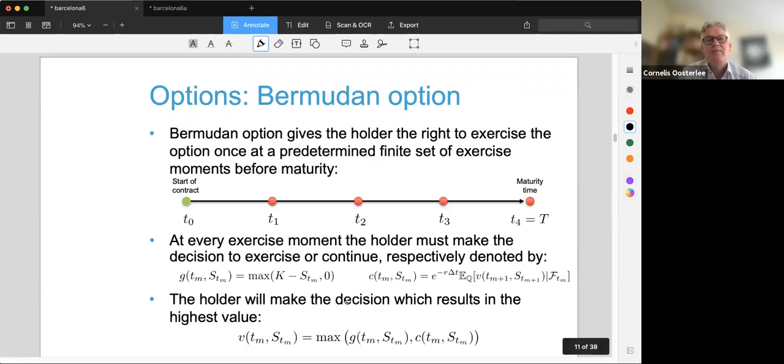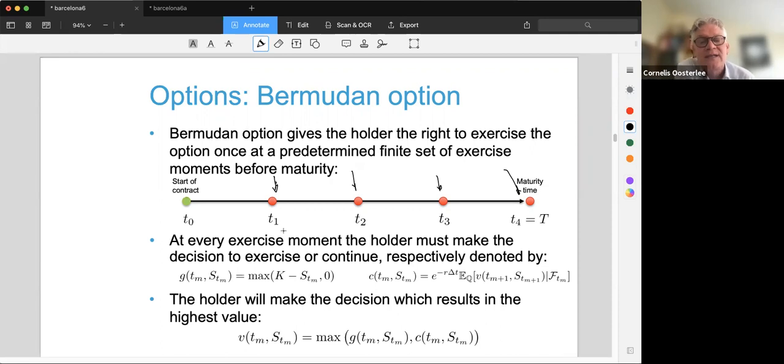Now, in the case of a Bermudan option, we have these discrete exercise dates, T1, T2, T3, and T4, denoted schematically. The Bermudan option, as you remember, gives the holder the right to exercise the option at a certain predefined finite set of exercise moments.